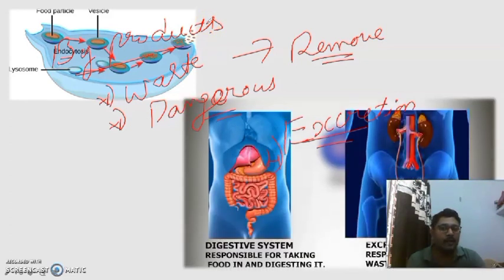But multicellular organisms must have a specialized tissue or specialized organ for every process. The digestive system is responsible for taking food in and digesting it, and the organism also has an excretory system responsible for removing waste from the body, right? So these are the 4 life processes which you have to study in this chapter.